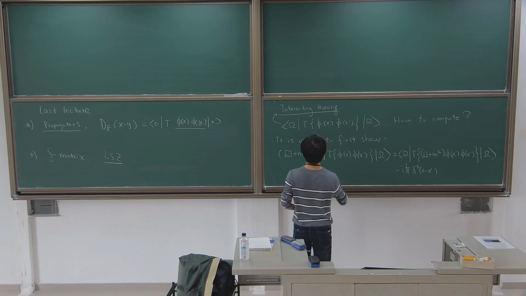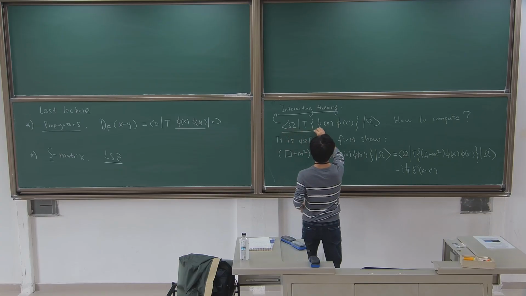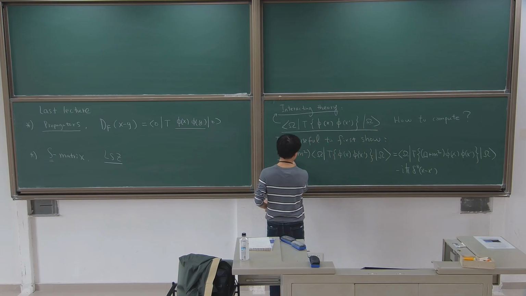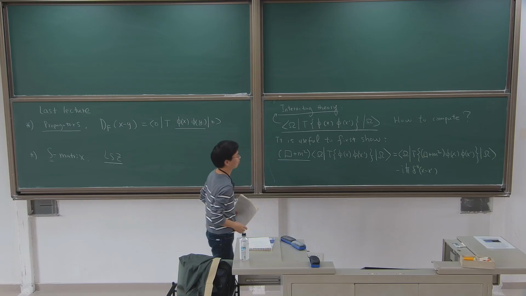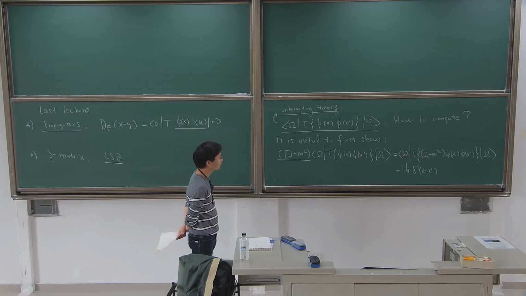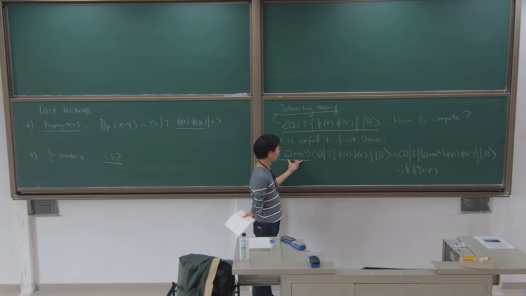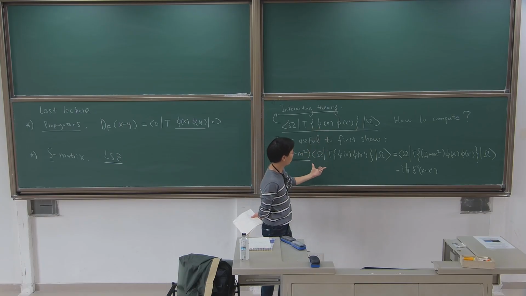The point is, even though I don't know how to directly compute this one, I can think about it: if I act with the operator on this one, what can I get? That's the idea.